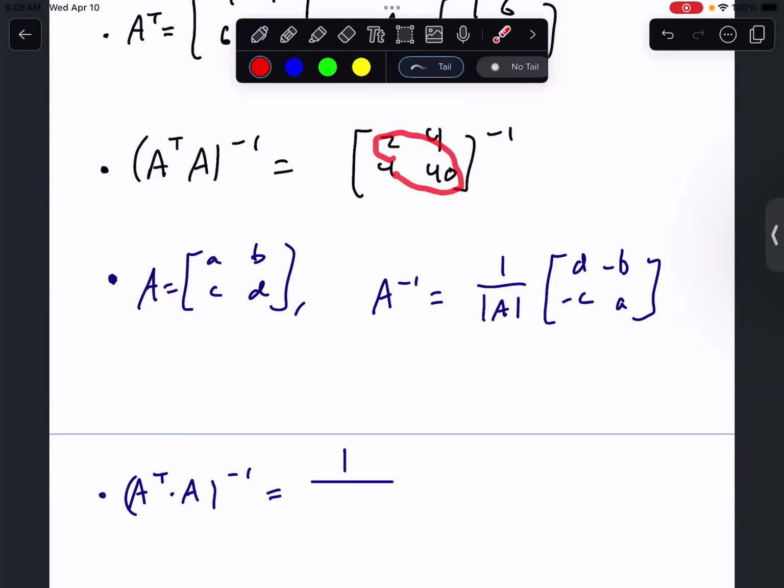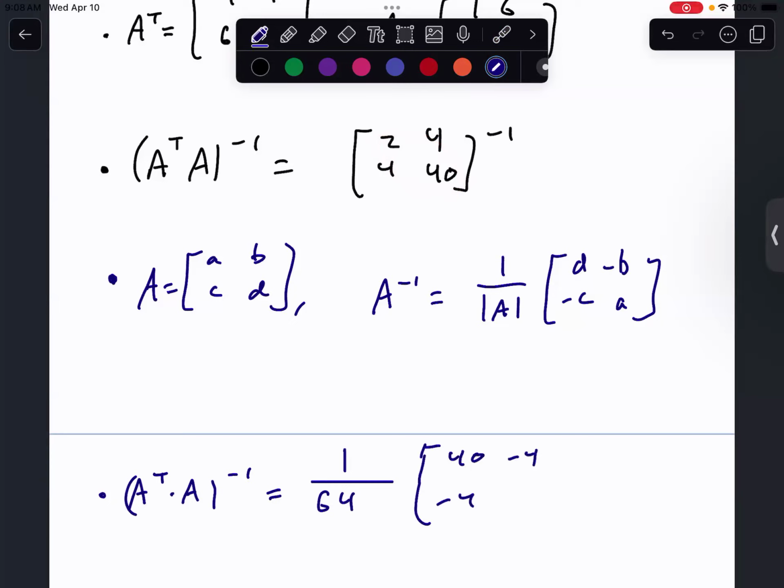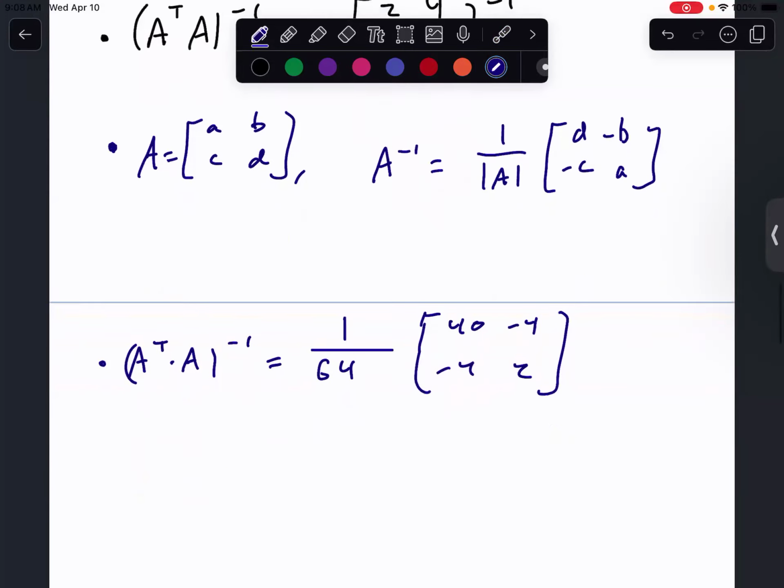So the determinant is 80 minus 16, which is equal to 64. And then this is going to be 40, minus 4, minus 4, 2. So that's an easier way of computing what this inverse actually ends up being equal to.